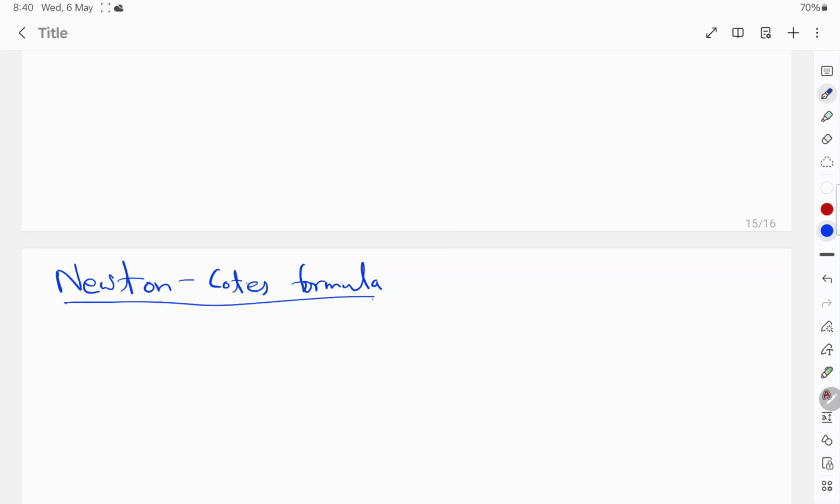Here your nodes are equally spaced. So let x0 equal to a, then your x1 will be x0 plus h, and so on, xn will be a plus nh, that is your b, right?